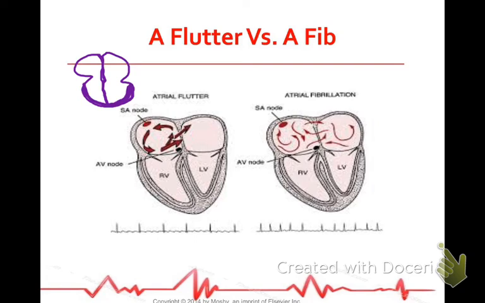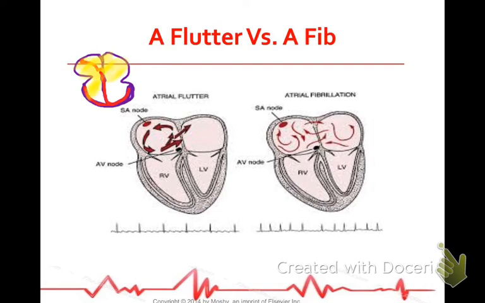So your A flutter, you see, you've got a short circuit, right? It's just going round and round and round instead of doing what it's supposed to do. And then your fibrillation is, you got all these little ectopics trying to start a rhythm or kickstart the heart, and so you just got a bunch of fibrillatory waves. I have a little visual for you that I drew.